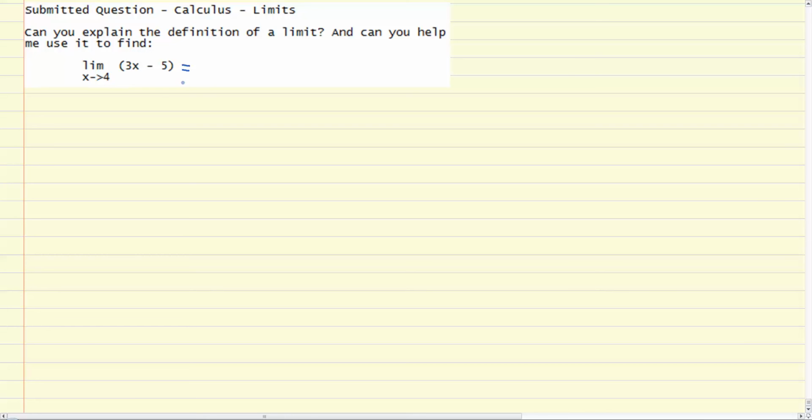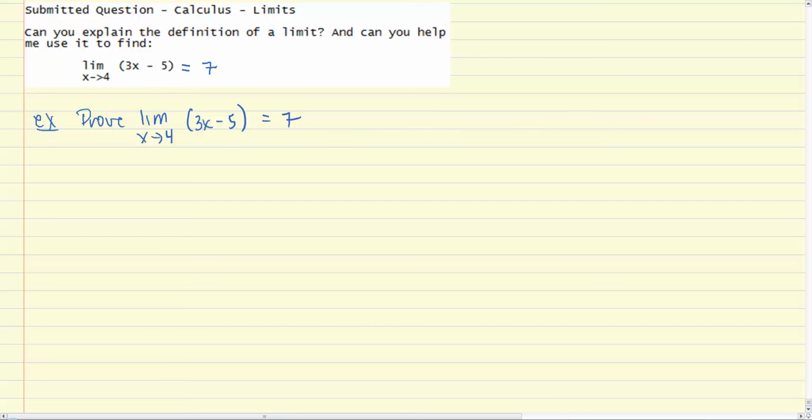If you haven't learned yet, generally when the limit exists, you're able to substitute the limit value into the f of x. So that would be 3 times 4 is 12, minus 5 is 7. So why don't we go ahead and prove the limit as x goes to 4 of 3x minus 5 is equal to 7.